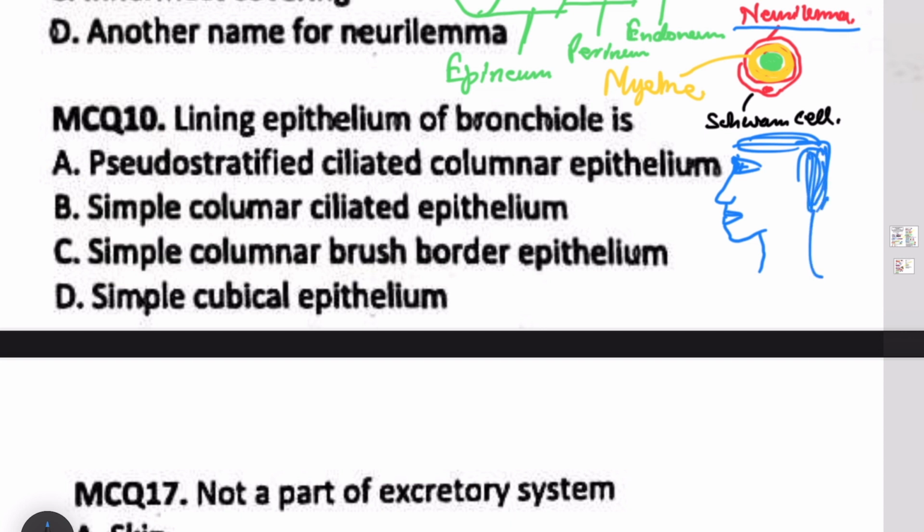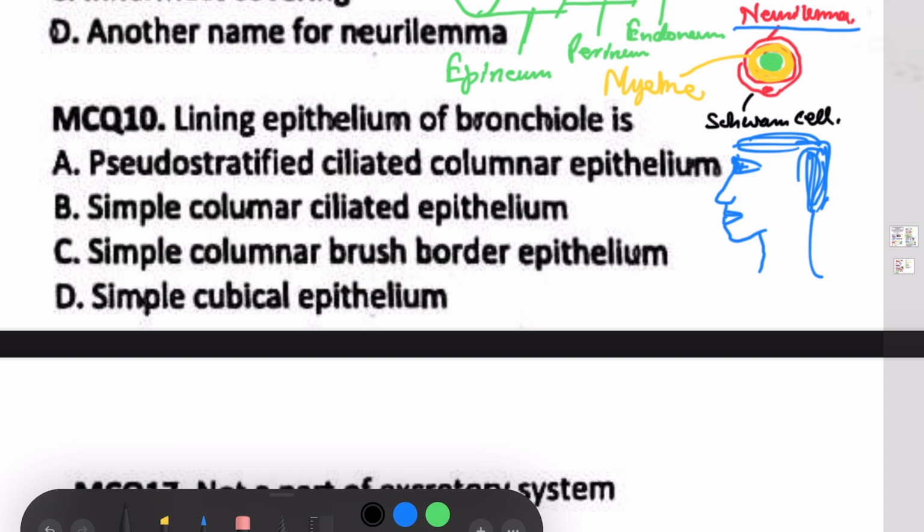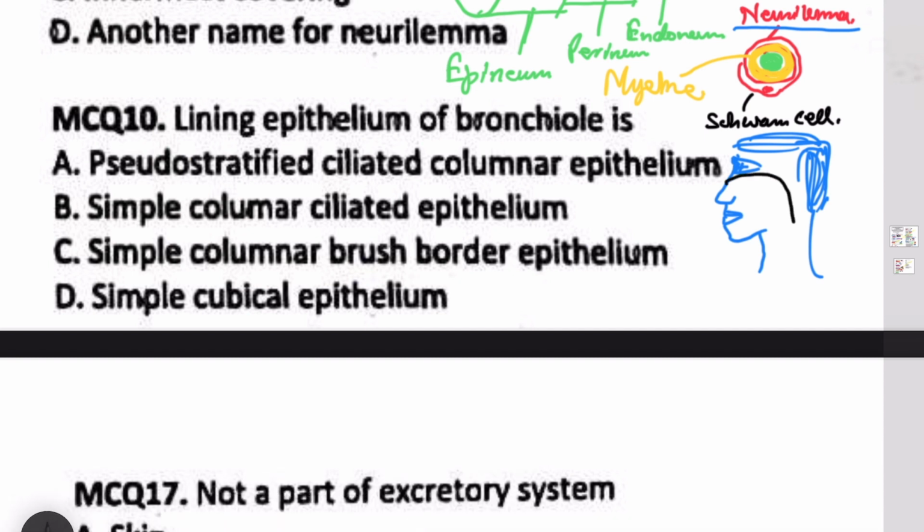Here you have the larynx, then the trachea, and the trachea divides into left and right principal bronchus, right?